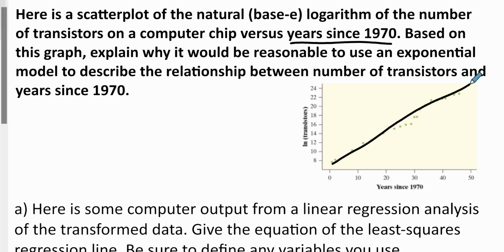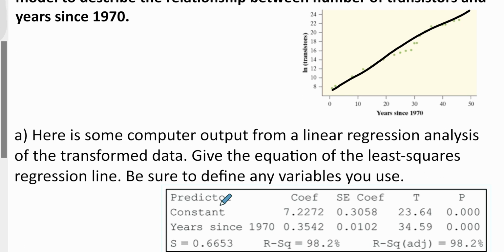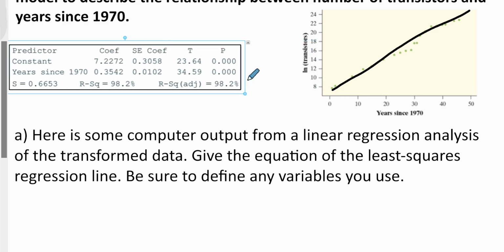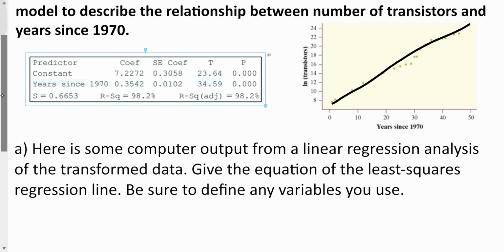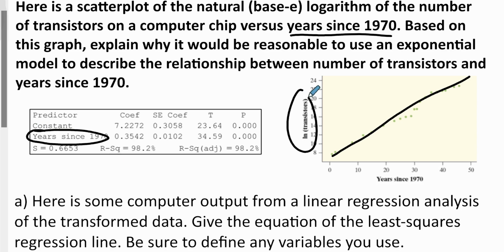Now, the computer printout, which I'll bring up here, shows some of that as well. It does not clearly show natural log in the computer printout. This one does not have anything on top. It just says the x is our years since 1970. So we need to look at the problem and also the y-axis to find that we're using natural log.